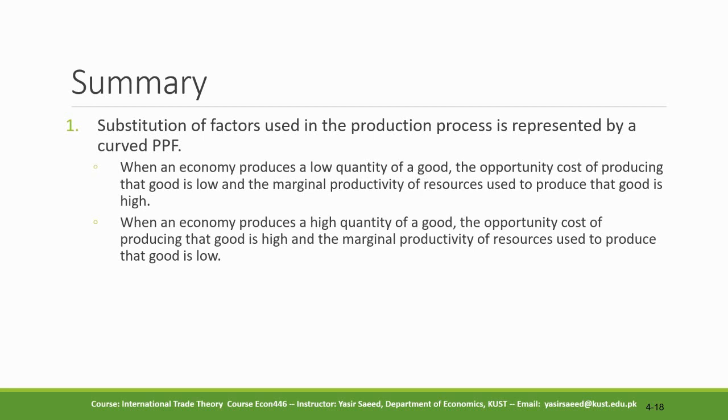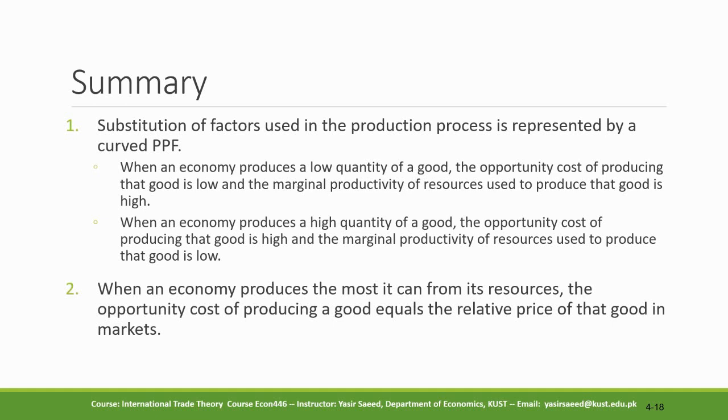So this actually tells us about the slope of the production possibility frontier, the discussion that we made on the slope: that it is curved, and the reason for that curvature was that marginal productivity decreases as we increase any of the factors of production.